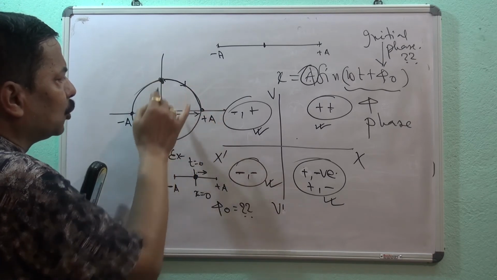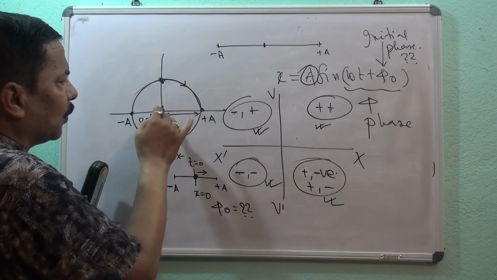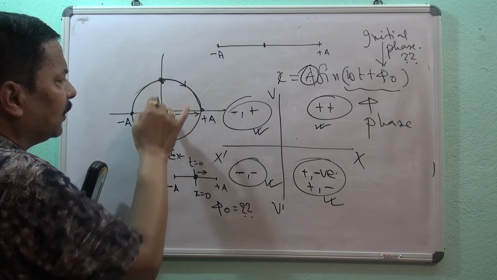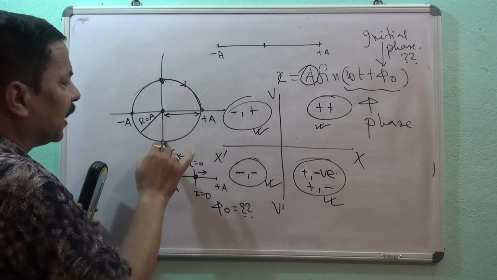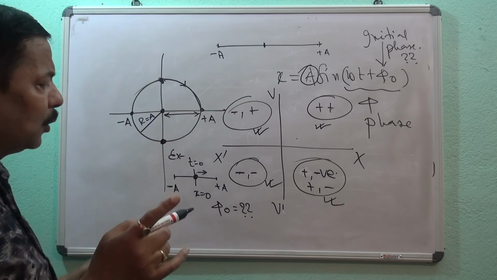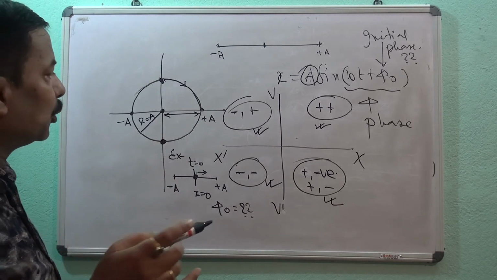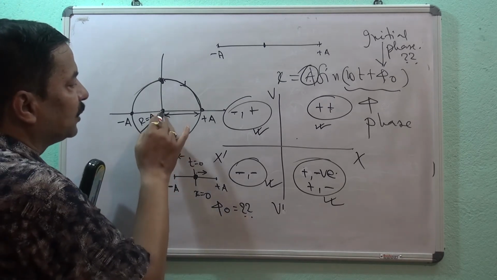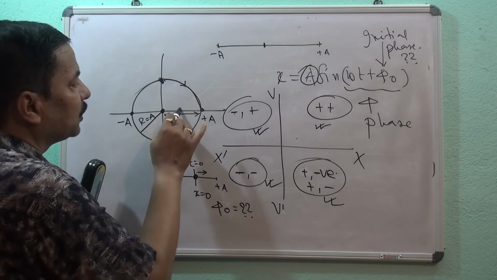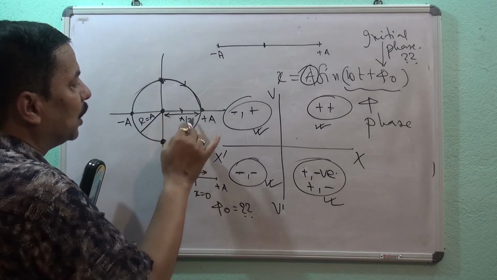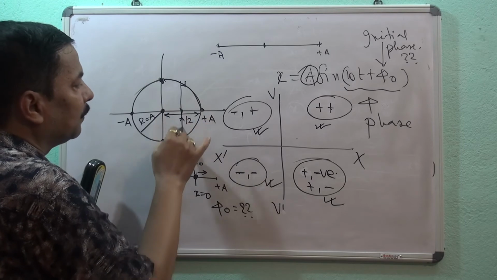Now you are getting two positions. One is here and one is here. For every value of x you will be getting two positions. Suppose here the value of x is 0. Here, suppose x is equal to a by 2, here also you are getting two positions.